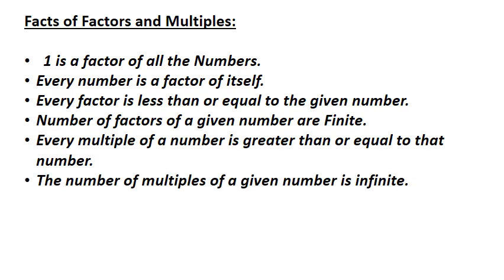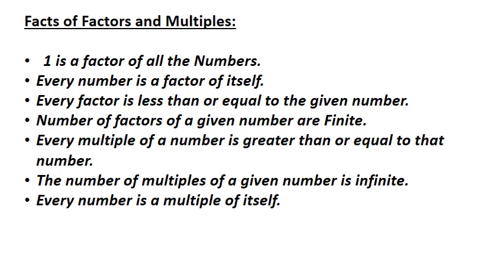The number of multiples of a given number is infinite. As we all know, multiples are infinite, means you can never find all the multiples of any number because they are infinite. Every number is a multiple of itself.